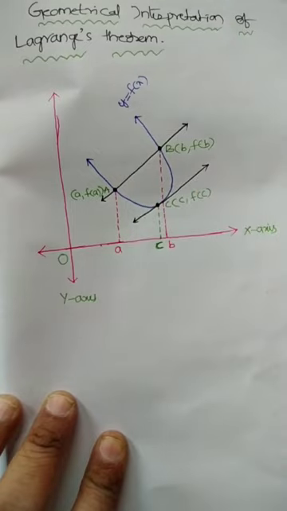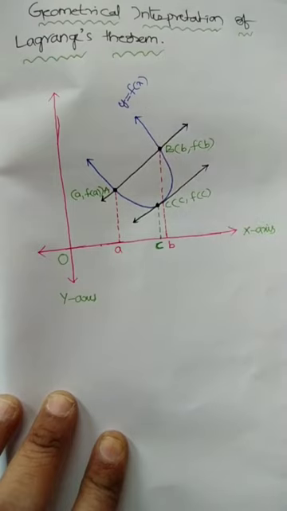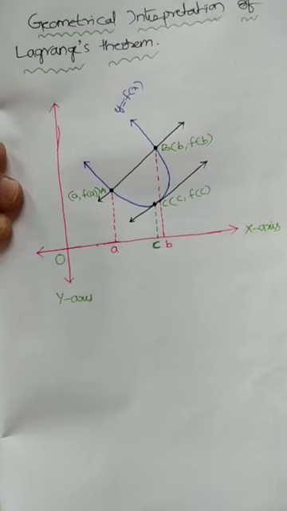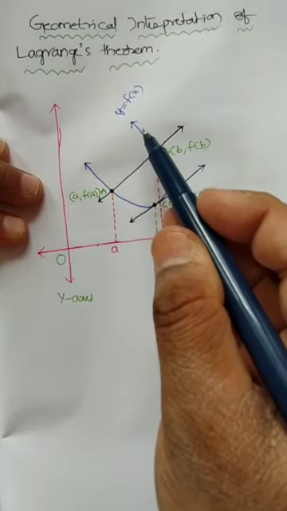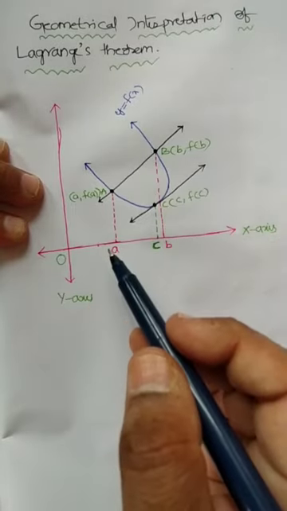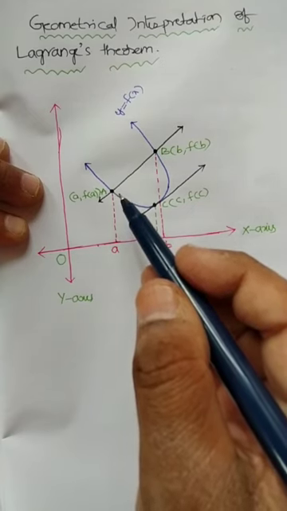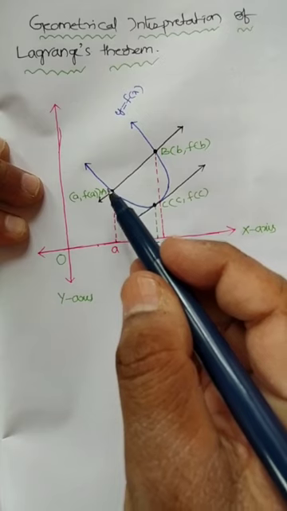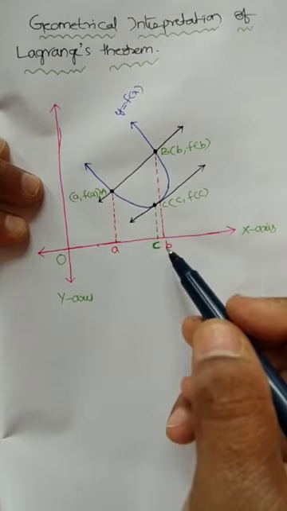Now this is our function y is equal to f of x, and this function is defined on R. On this curve we are taking 2 points a comma b.